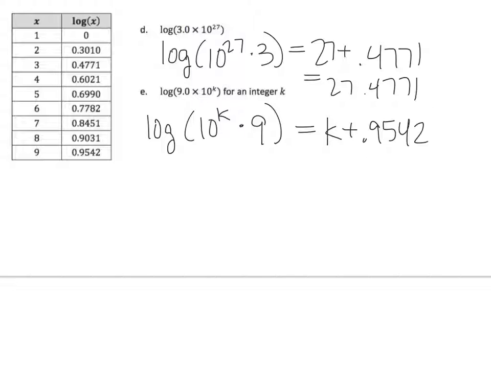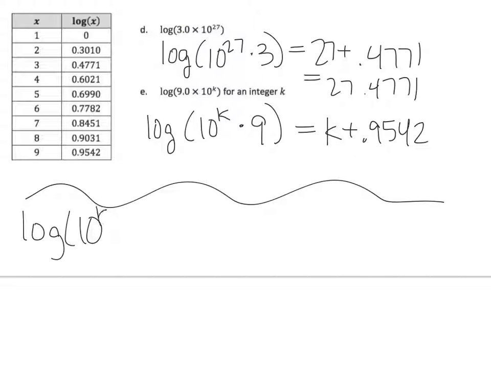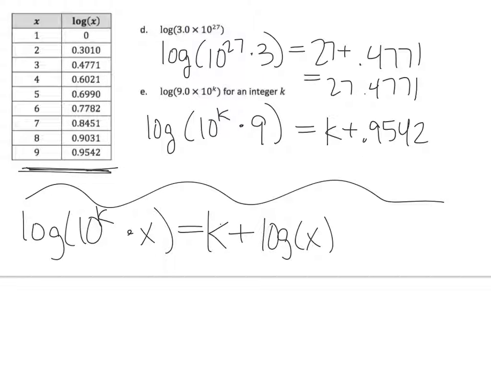Okay, so like I said 2 slides ago, we know that log 10 to the k times x is equal to k plus log x. And we've got these handy dandy tables of log of 1 through 9 to help us find the answers to these problems.